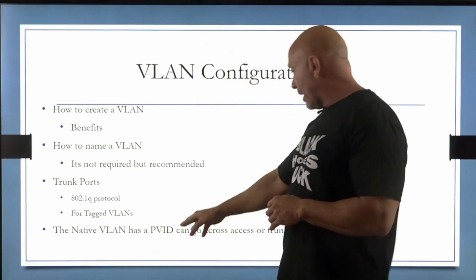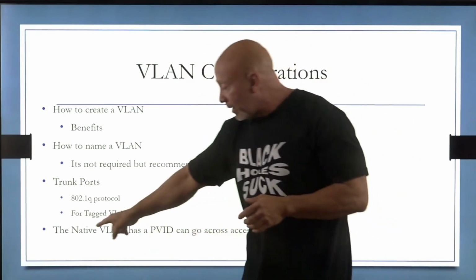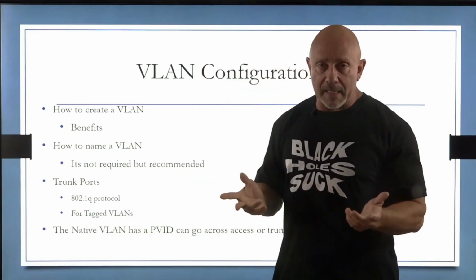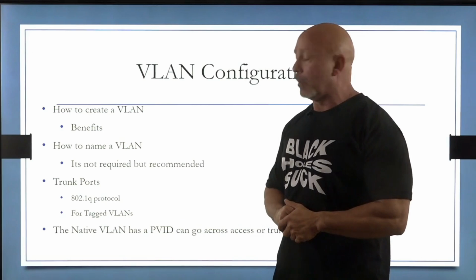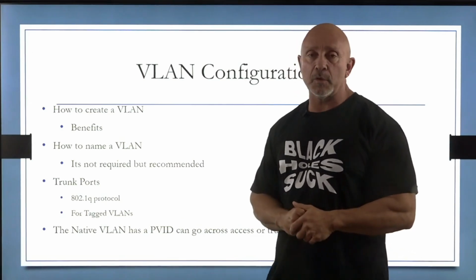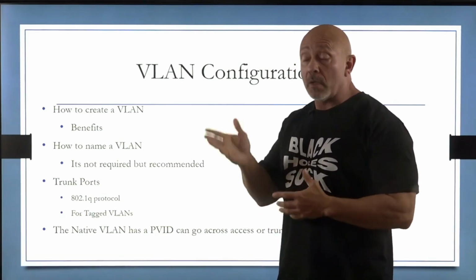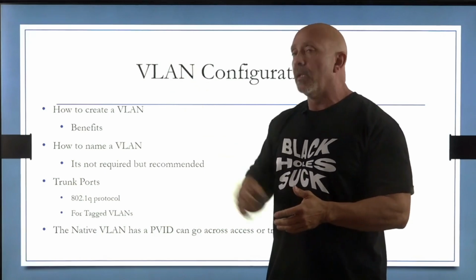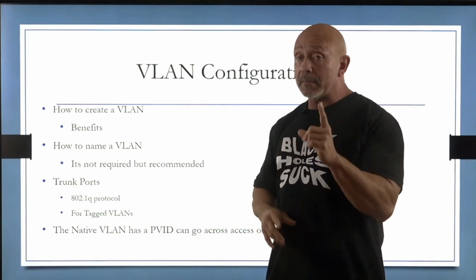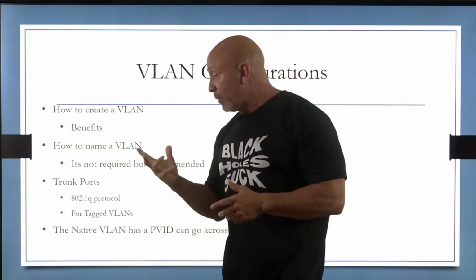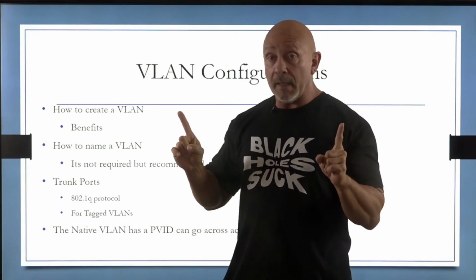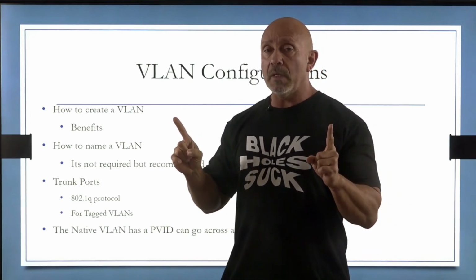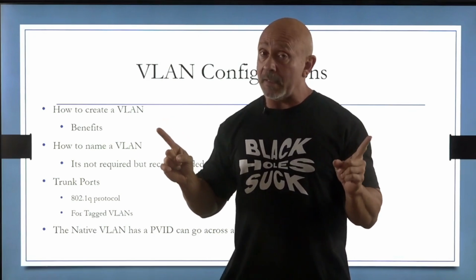And obviously, it tells you right there why the native VLAN can go across any type of port, because it has a PVID, a port VLAN identifier. So when it's going across, then there's the native VLAN. Go ahead. This is the native VLAN. Go ahead. But be careful. That's why we have the DTP protocol as well. It says, hey, the native VLANs must be the same.